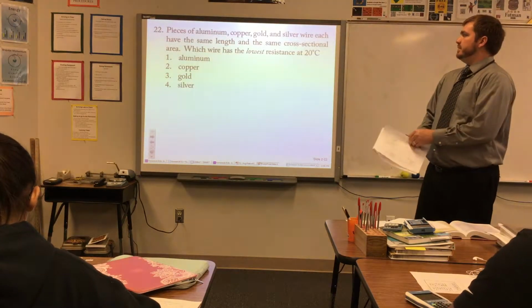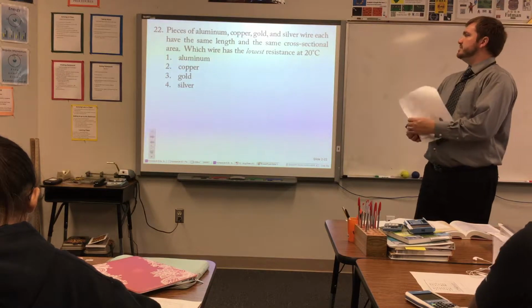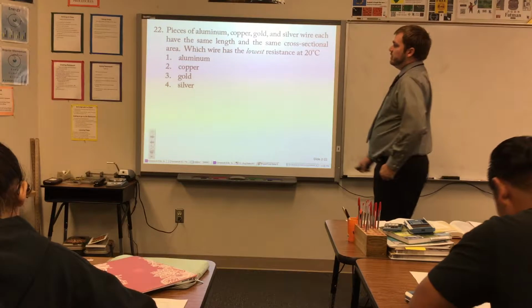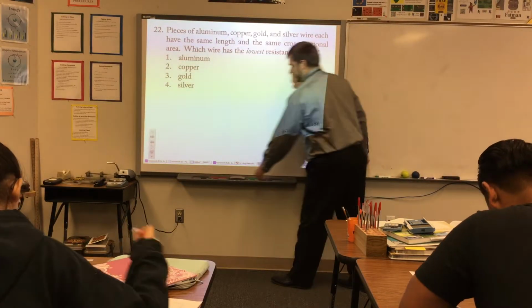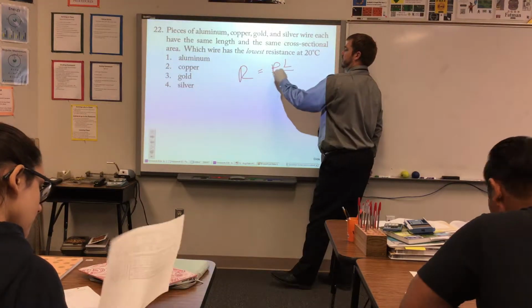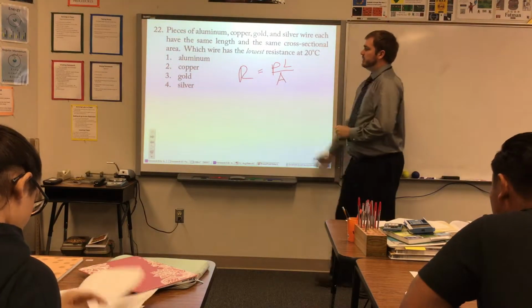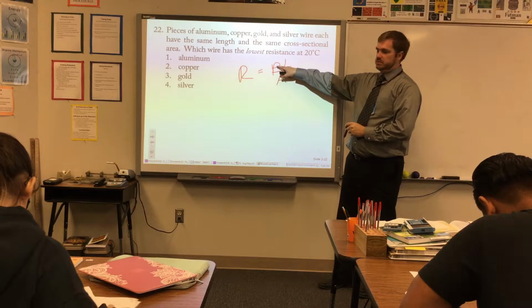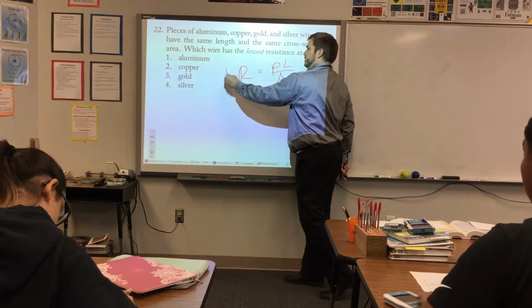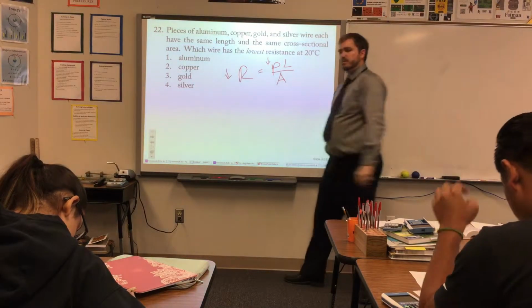Almost done. Pieces of aluminum, copper, gold, and silver each have the same length and the same cross-sectional area. Which wire has the lowest resistance? Well, I don't know. It depends on the formula. There's the formula. We're looking at rho, okay? So the lowest resistance is going to mean the lowest rho.